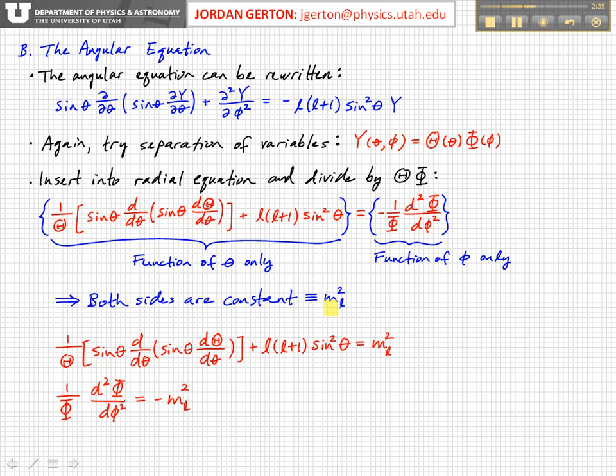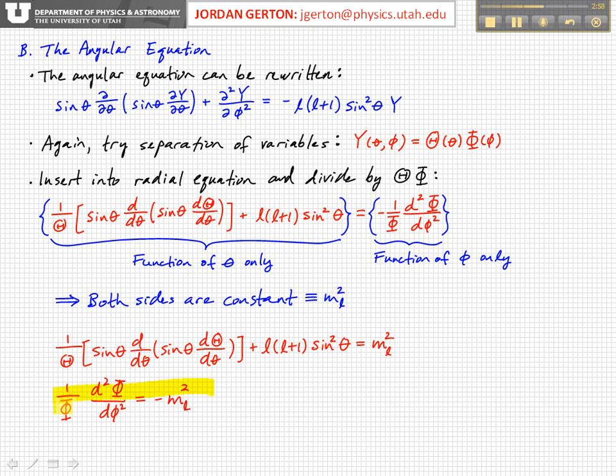It's just a constant that we happen to give a funny name. So now we can rewrite these two equations, where we set them both equal to m sub l squared.